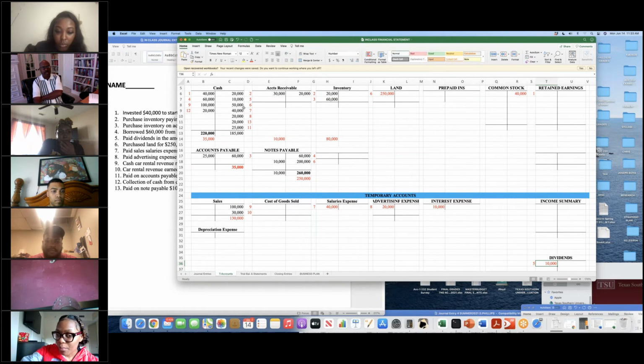When there are debits and credits, we add up the debits, we add up the credits, and take the difference, and it goes on the side of the larger. Inventory just had two debits. Notes payable, the credits were larger. So it's on the credit side.